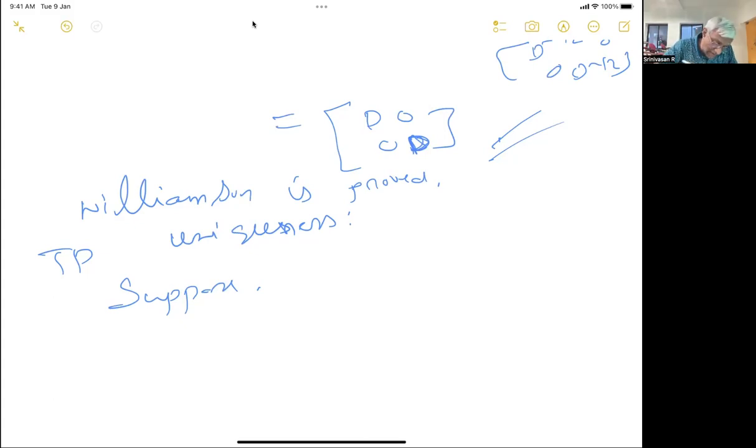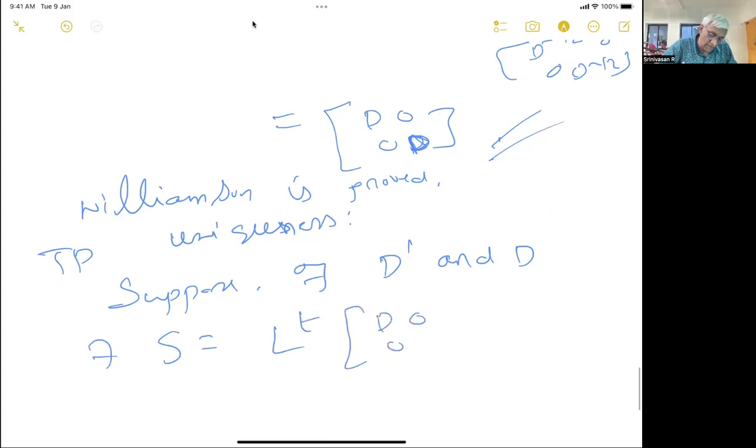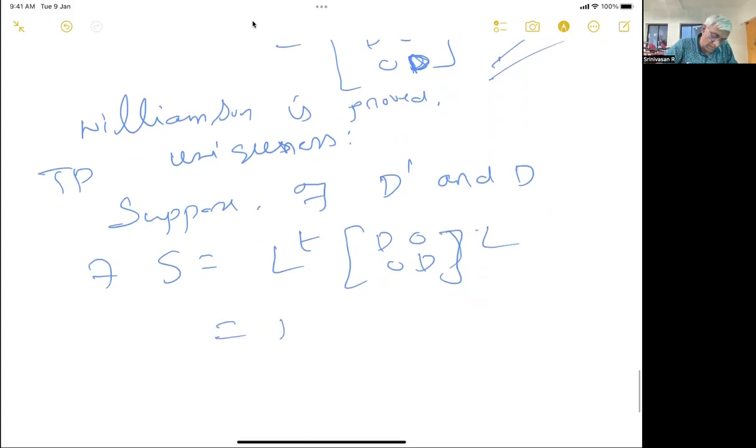Now suppose there exists D prime, which consists of diagonals, of course, written in increasing order, D prime and D, such that S is equal to L transpose, D 0 0 D, L, equal to M transpose.